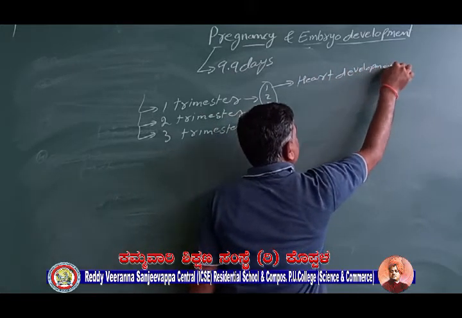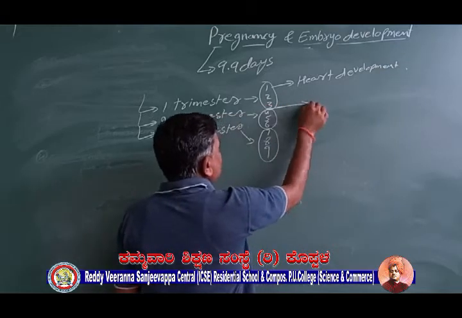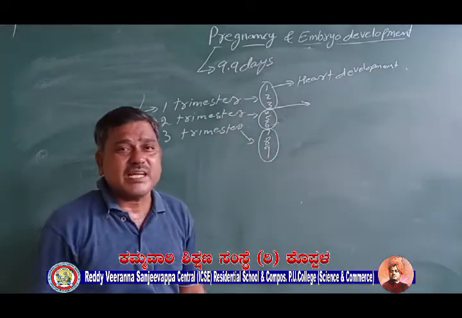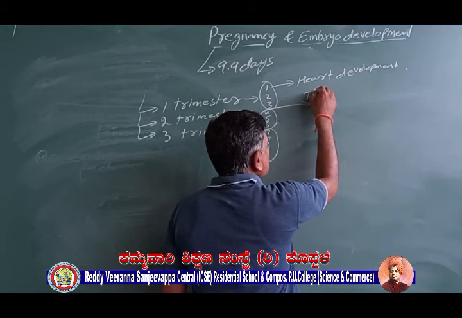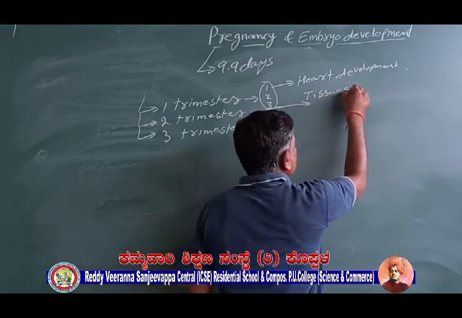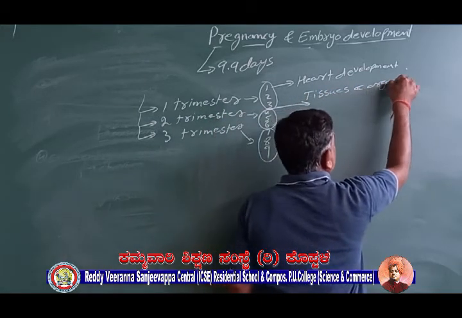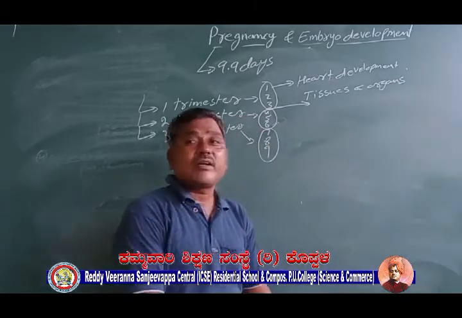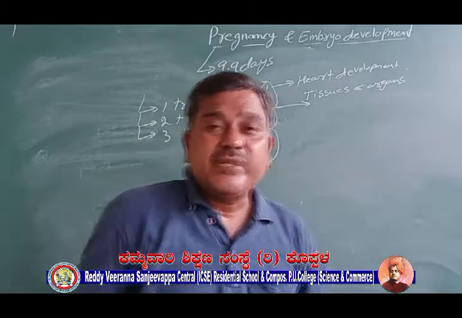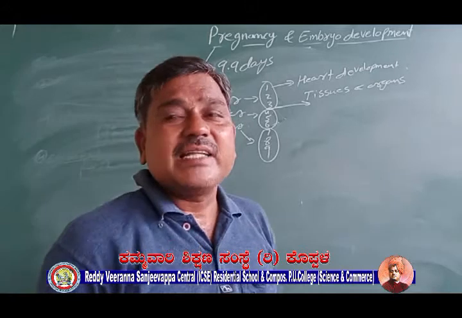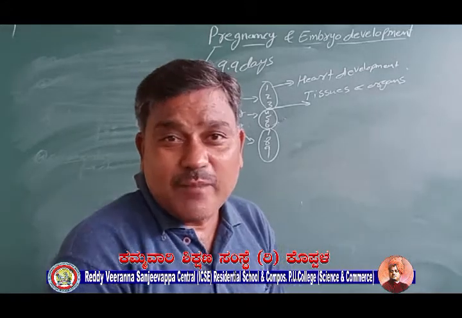Now up to third month, that is up to completion of first trimester, total tissues and organ development occurs. If we don't want the child, at that time we plan to go for abortion.